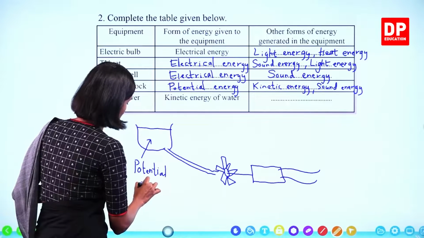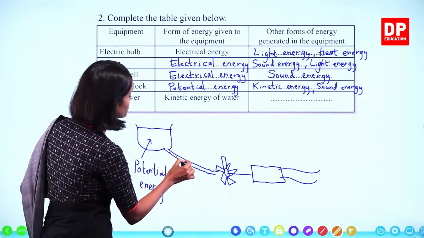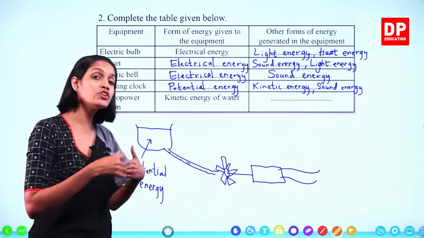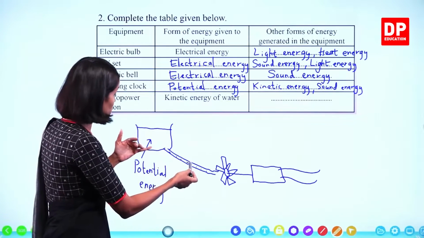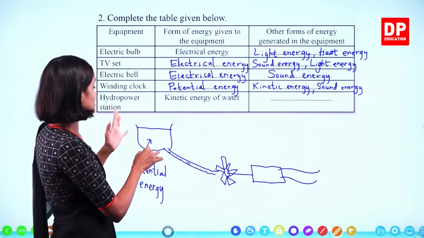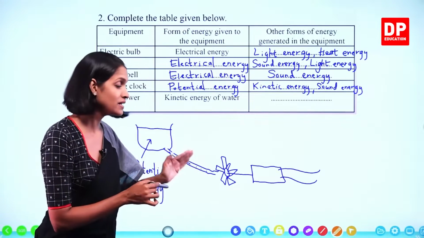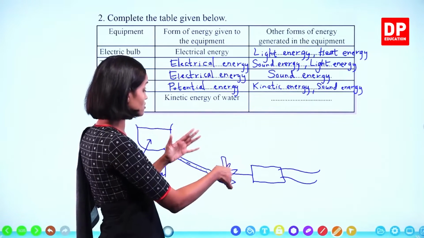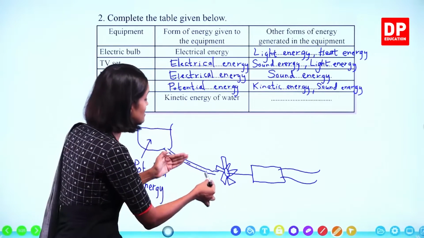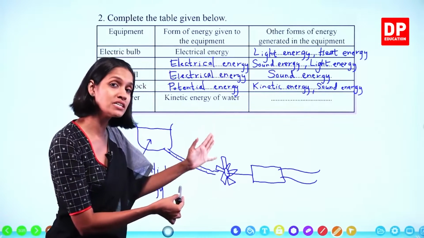So initially, when you store it at the higher elevation, because of the location, it contains potential energy. And then when the water flows, the moving objects contain kinetic energy. So the water starts to flow and the potential energy contained in water is converted to the kinetic energy of water. And because of the kinetic energy of water, the turbine starts to rotate. Therefore, the kinetic energy of water converts to the kinetic energy of the turbine.